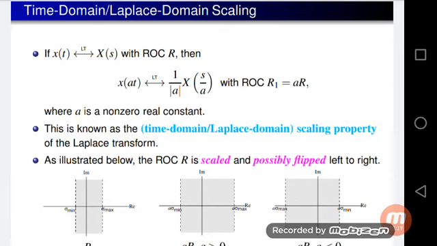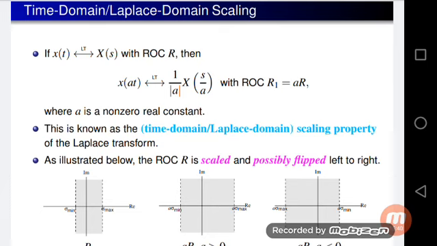Next one is the combination of time domain and Laplace domain scaling. If x of t tends to capital X of s with ROC R, then x of at tends to 1 by mod a times X of s by a. That means when we are changing x of t and X of s to at and s by a, it is known as time domain or Laplace domain scaling.